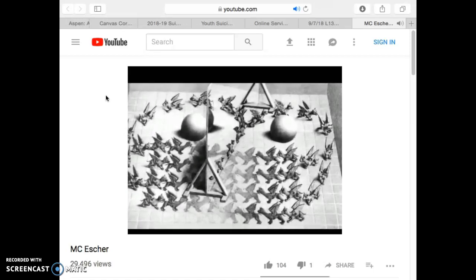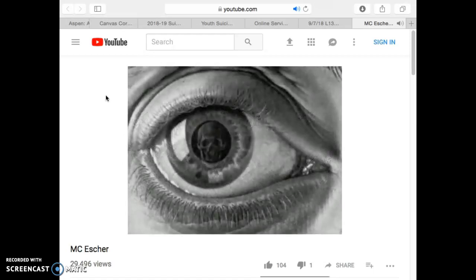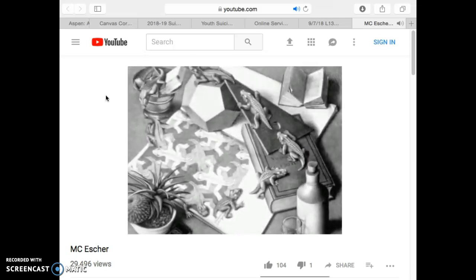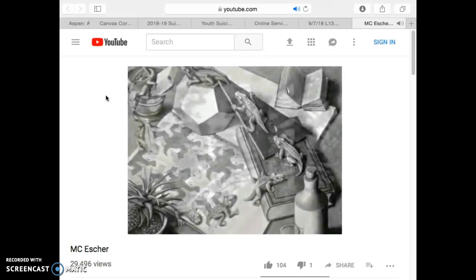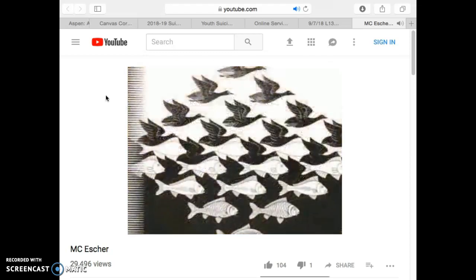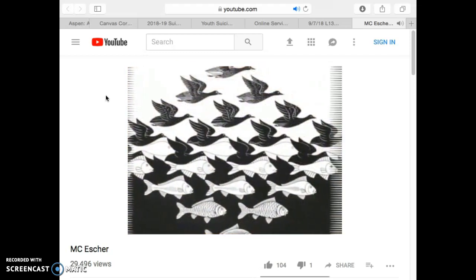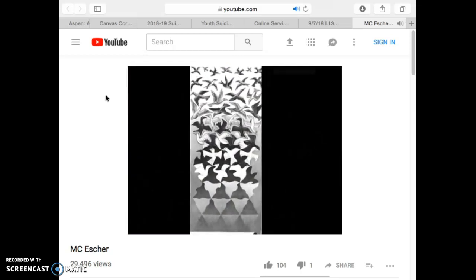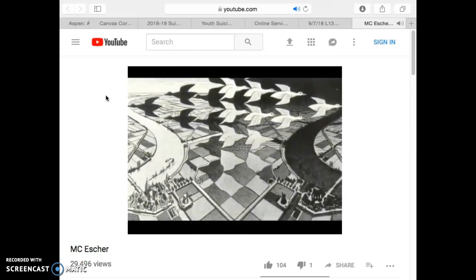You can see here definitely translations and reflections. Here again, you should see translations, reflections, rotations. And here it's really cool: he's using translations, reflections, and rotations to show double images.